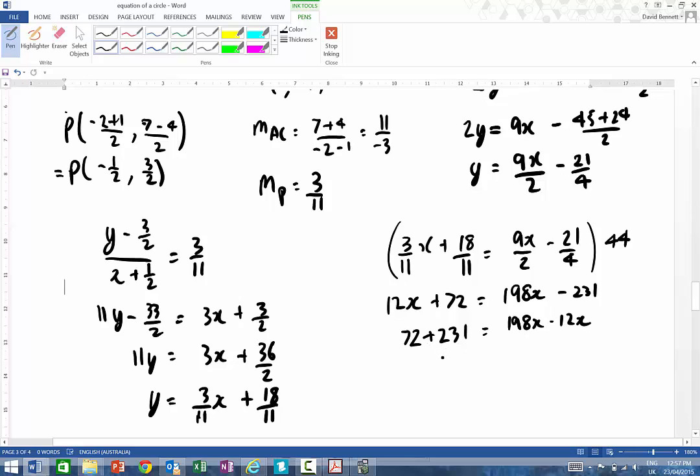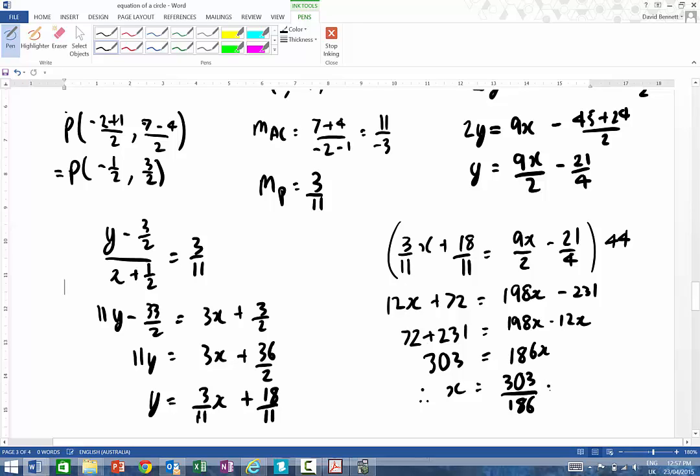So that's going to give me 303 equals 186x. So therefore x is equal to 303 all over 186 as a fraction.